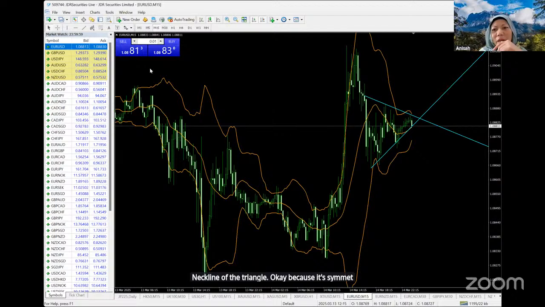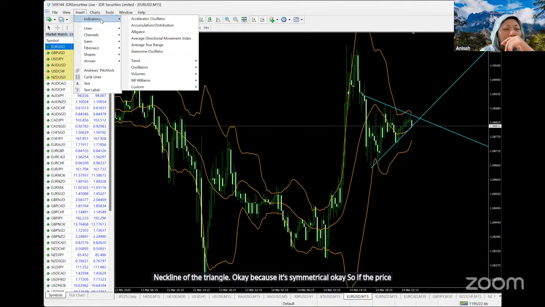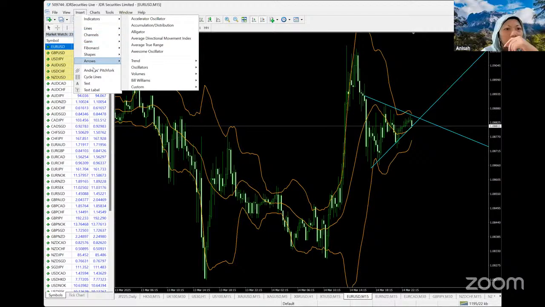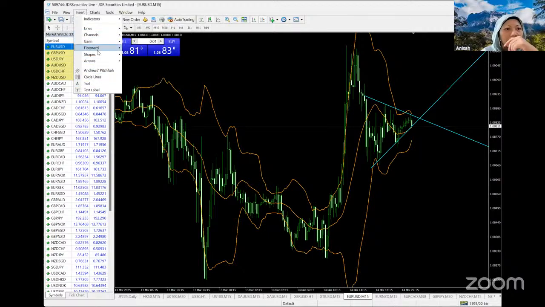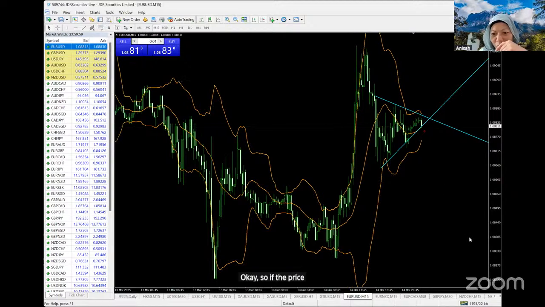Okay, so if the price, maybe the arrow is a bit too small.